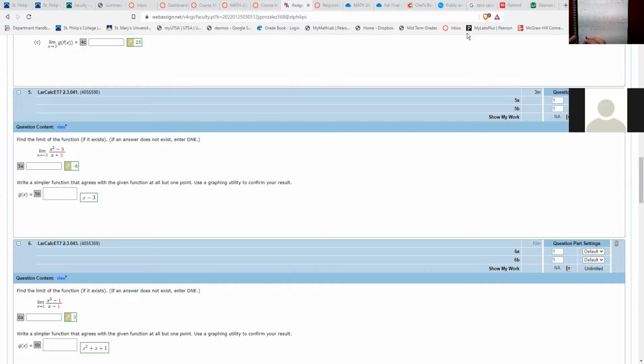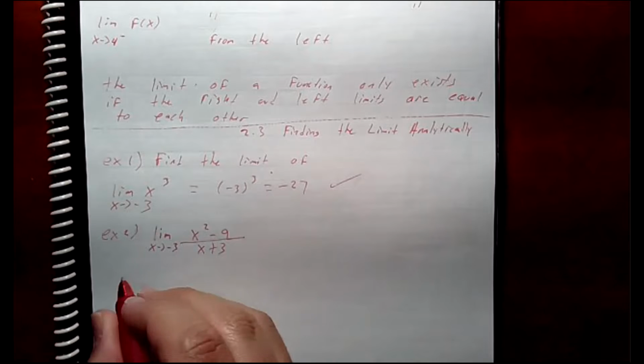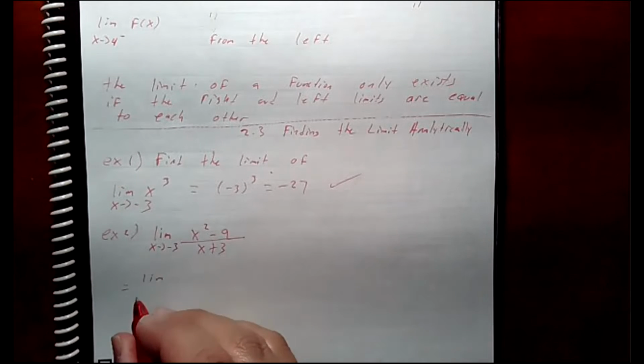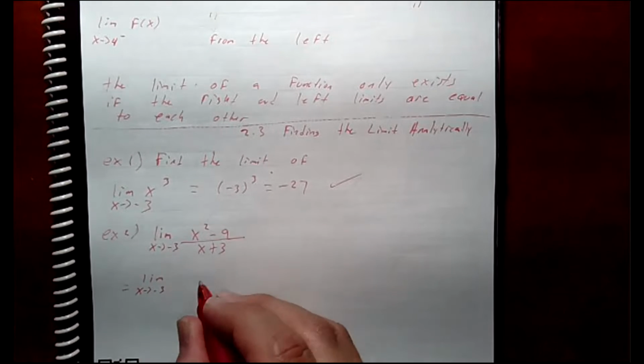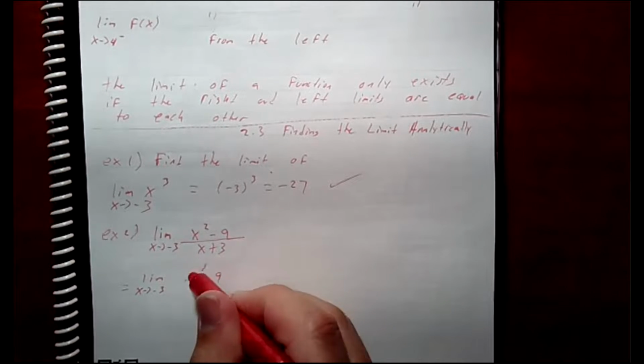Okay, so example 2, let's find the limit of x squared minus 9 over x plus 3 as x approaches -3. So factor the top. Oh, I forgot to factor the top.